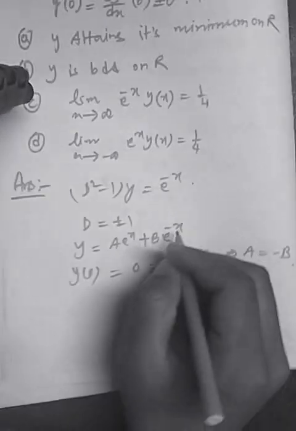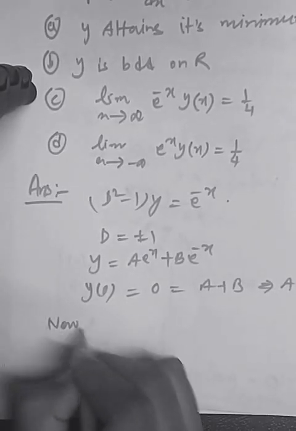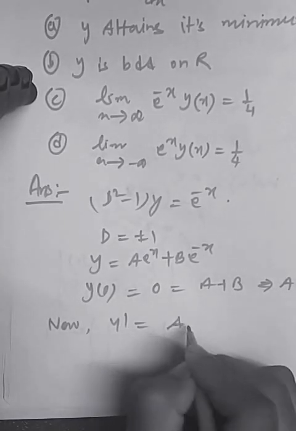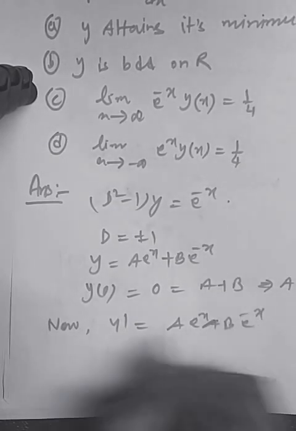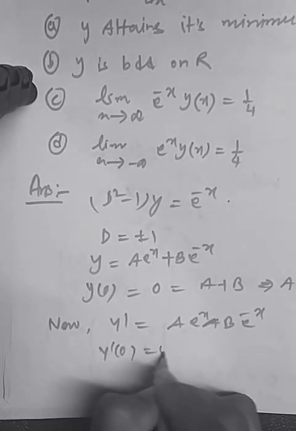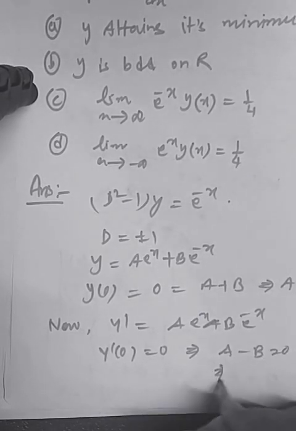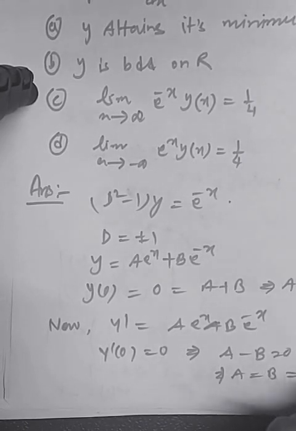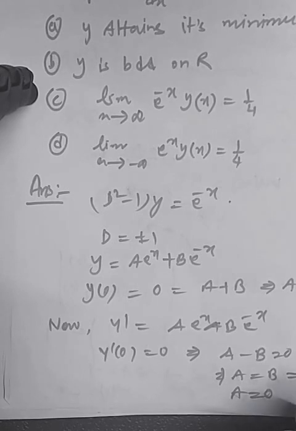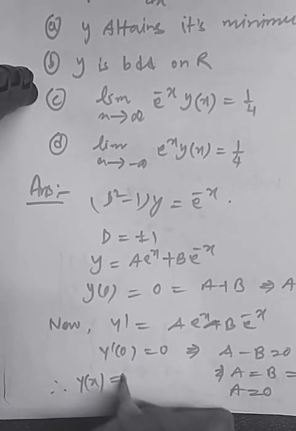Now y' is equal to a e to the power x minus b e to the power minus x. y'(0) = 0 implies a minus b is equal to 0, so a is equal to b. B is equal to minus a is equal to 0. So y(0) is equal to 0, therefore y(x) is equal to 0.